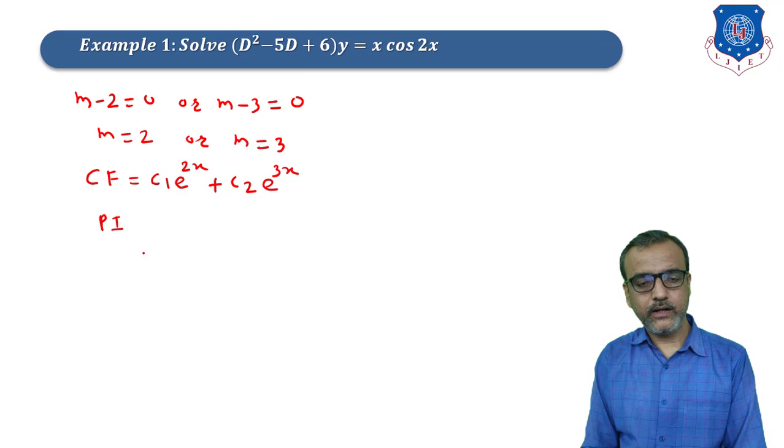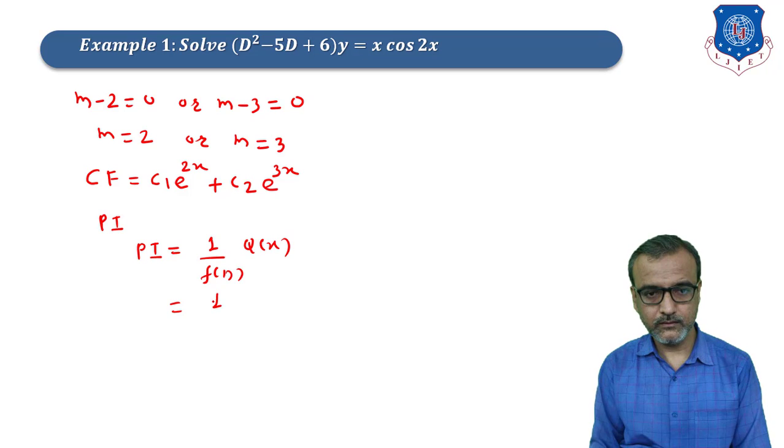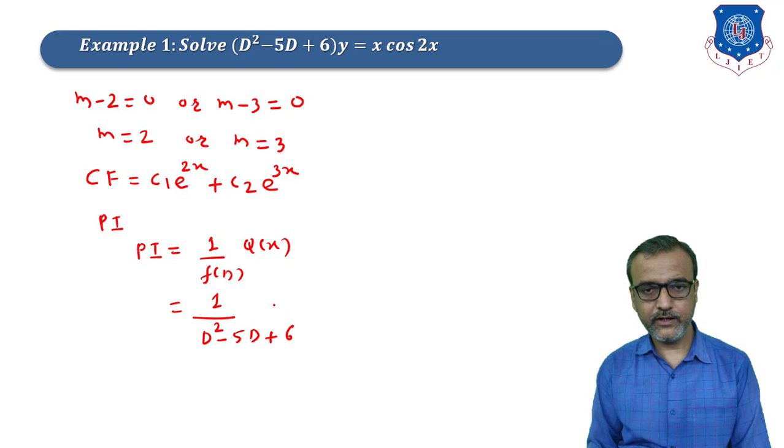And PI is given by the formula PI equals 1 upon f of D into Q of x. Here f of D is D square minus 5D plus 6, and Q of x is x cos 2x.